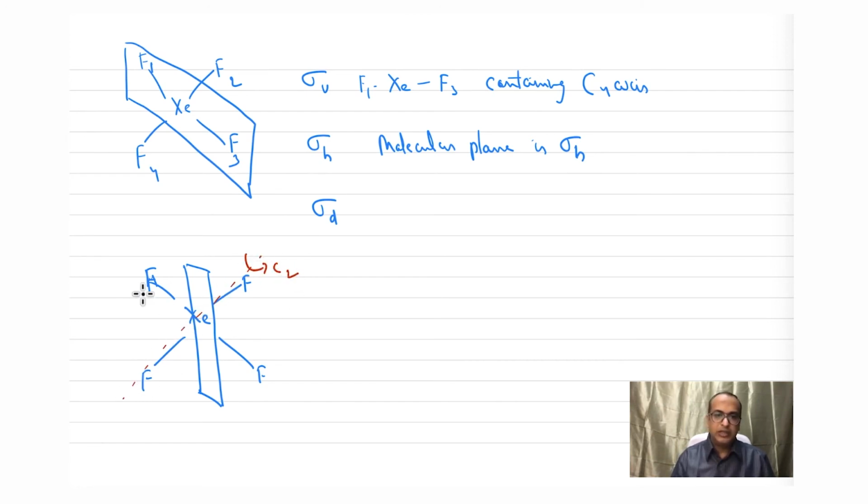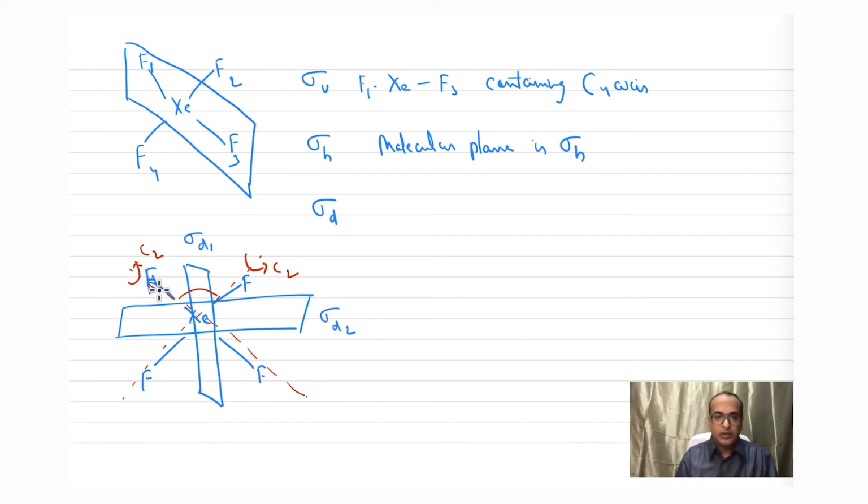This is the C2 axis we have seen earlier. This is the C2 axis we have seen earlier, right? So it is bisecting this angle, C2 axis. Similarly, there is another dihedral plane, which will be like this, right? So this is sigma D1, this will be sigma D2.